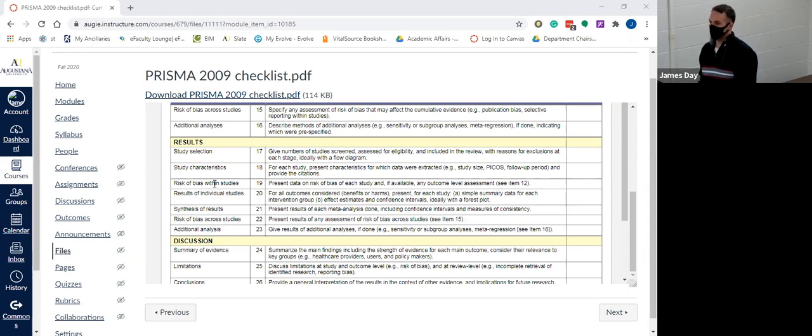So if we have an absence of negative studies, or we have similar numbers in studies between positive and negative results, we're going to make some comment about what we found.